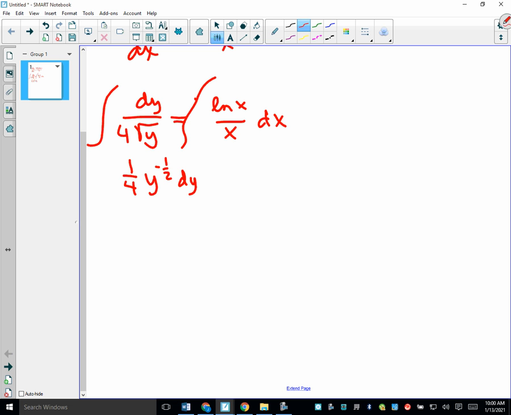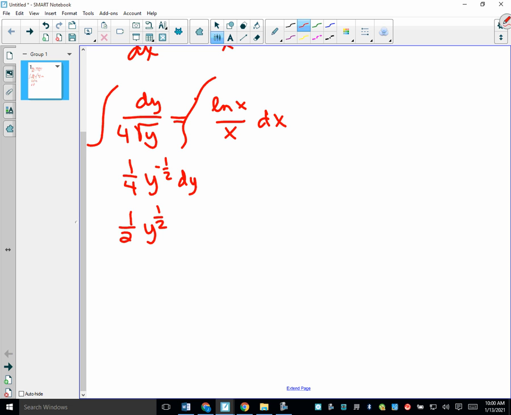Yes. What's the antiderivative of that? 1/2 y to the 1/2. Okay. Everybody agree with that?